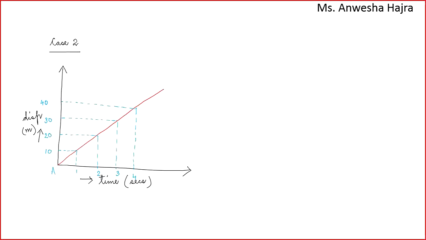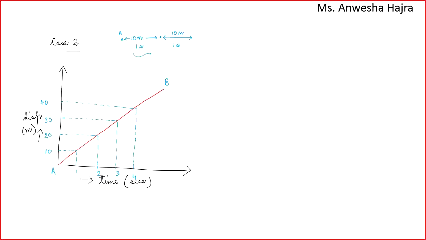This is my graph AB. So how can you visualize the case? Particle A is here. After 1 second, it comes over here. This distance is 10. In 2 seconds, it has covered another 10 meter. This is another second.